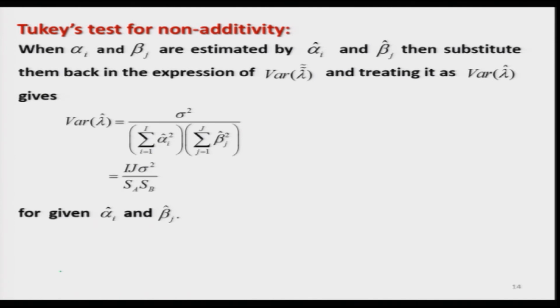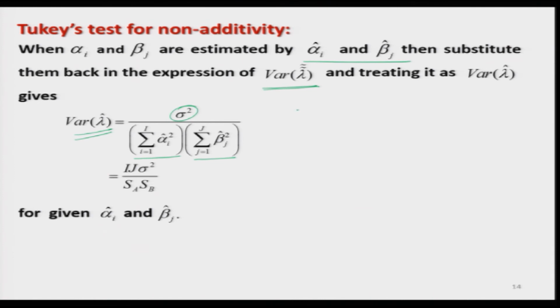When alpha i and beta j are estimated by alpha i hat and beta j hat, we substitute their values in the variance of lambda double tilde, and then we obtain the variance of lambda hat, because lambda hat has been obtained by substituting alpha and beta by their estimators alpha i hat and beta j hat in lambda double tilde. So, basically we are now trying to obtain the variance of lambda hat, which is equal to sigma square upon summation alpha i hat square into summation beta hat j square, right.